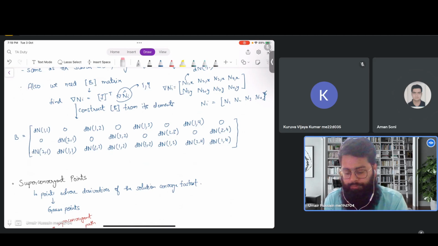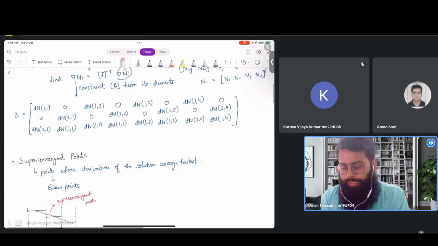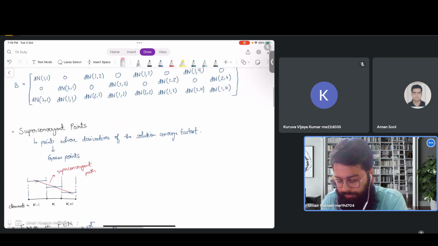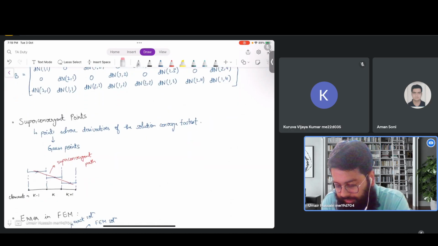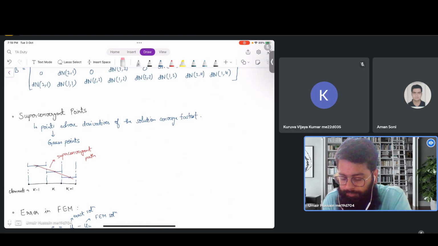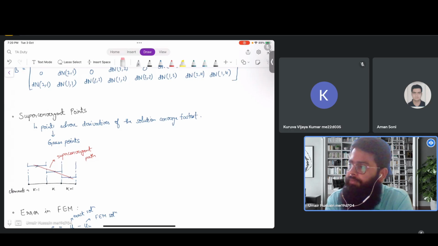So this concludes the discussion on the vector valued problem in 2D FEM, but not completely. There were a couple of things we discussed more. That is the superconvergent points. Superconvergent points are basically the points where derivatives of the solution converge fastest. This is not something specifically related to scalar valued 2D problems.